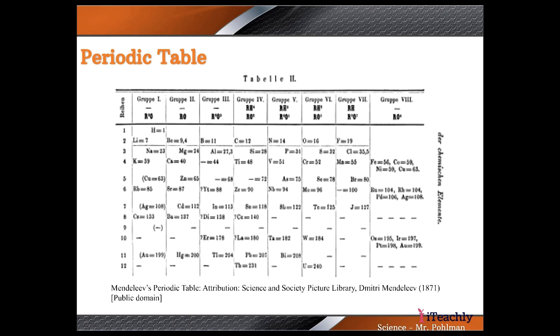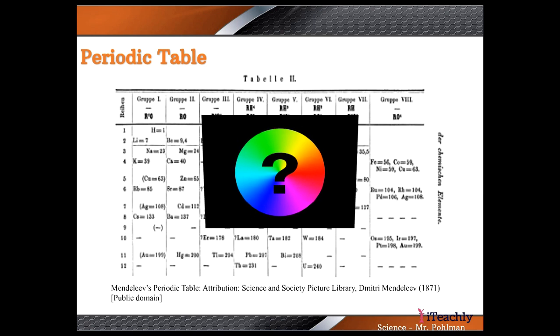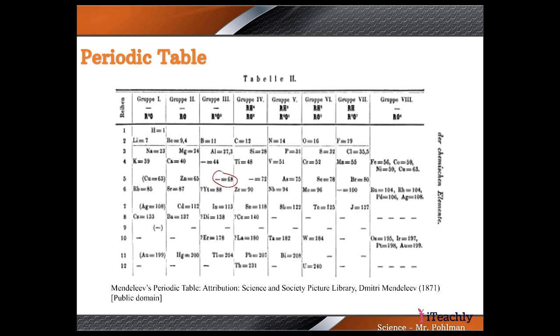And Mendeleev was extremely intuitive. He said that these blank spots were just elements that weren't discovered, and that when they were discovered, they would have properties similar to other elements in that same group.